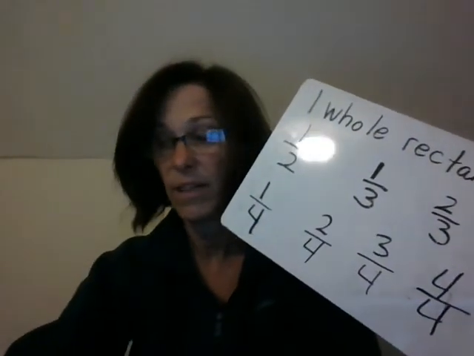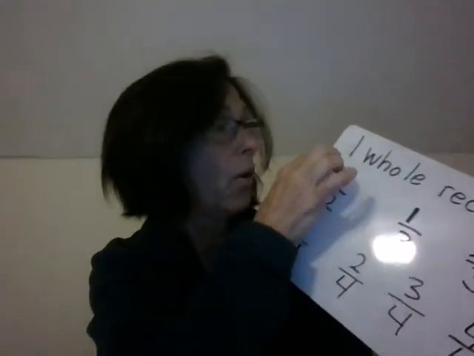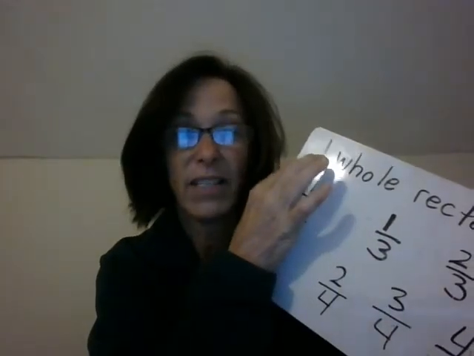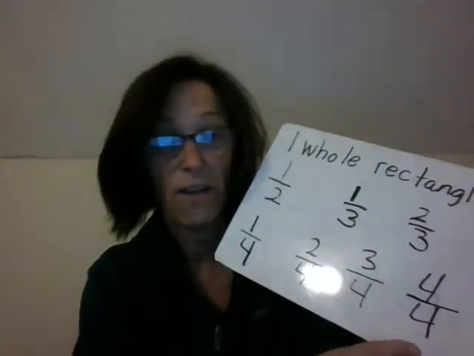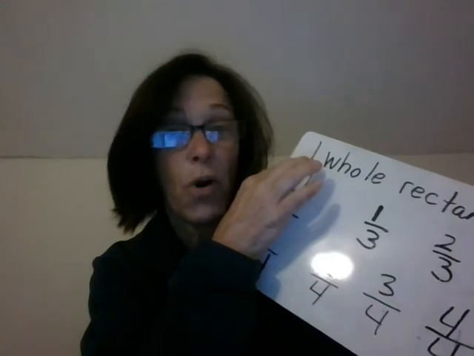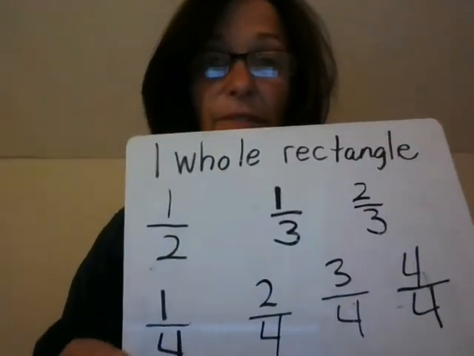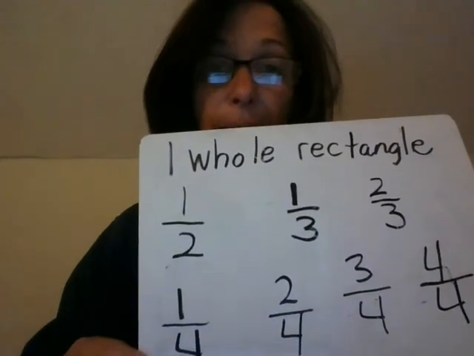Or if I colored all 4 of my parts, I could write it as 4/4, so all parts are colored. All right? Those are just some different fractions that you might be looking at today.